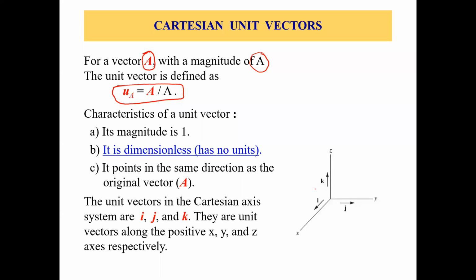So if we have this 3D system with y-axis, z-axis, and x-axis, this unit vector i gives us the direction of the positive x-axis, this unit vector j gives us the direction of the positive y-axis, and this unit vector k gives us the direction of the positive z-axis. So that's how we denote i, j, and k in terms of the x, y, and z axes.